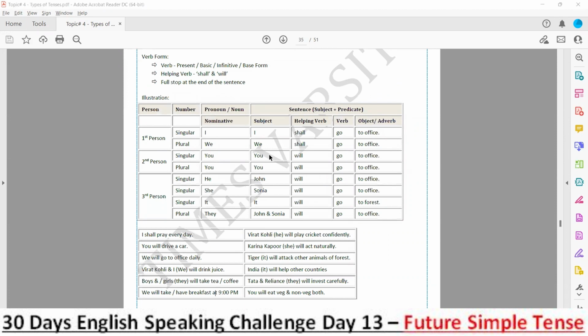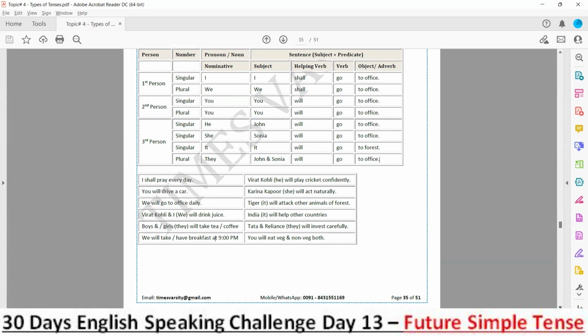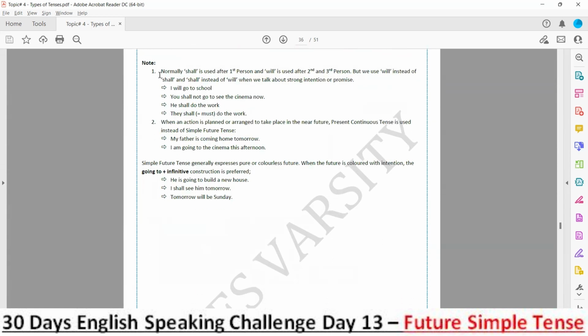For the first person, the helping verb shall is used, and for the rest of the pronouns, that is second person and third person, the helping verb will is used. This is what is being explained in point 1.